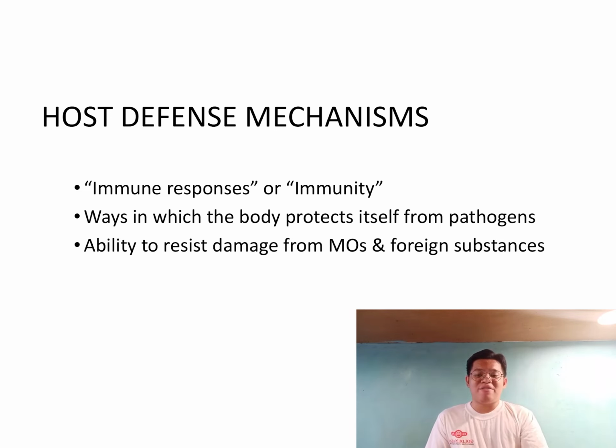And lastly, we have the passive immunity, also known as borrowed from another source, and it lasts for a short time. Naglalast lang siya for a short span of time. For example, antibodies in a mother's breast milk give a baby temporary immunity to disease the mother has been exposed to.